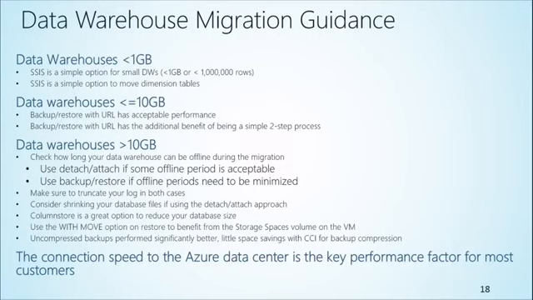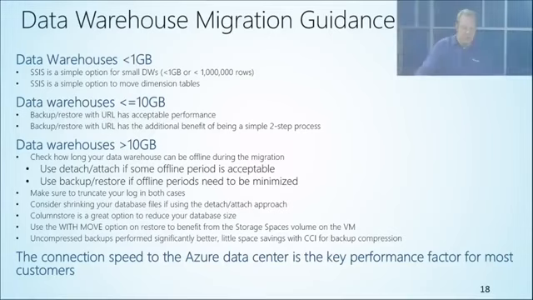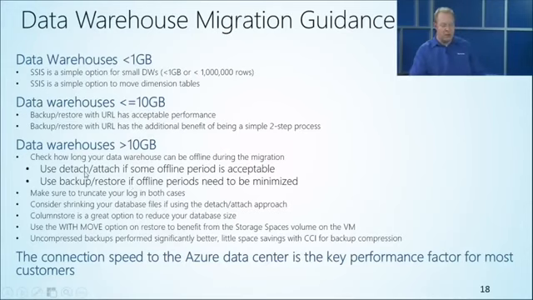If that's not an option for you, then think about using backup and restore instead to minimize the offline periods. Also, try to truncate the logs in both of these cases. It will help you reduce the size of the data that you have to move across the wire. And consider shrinking your database files, particularly with the detach-attach approach.